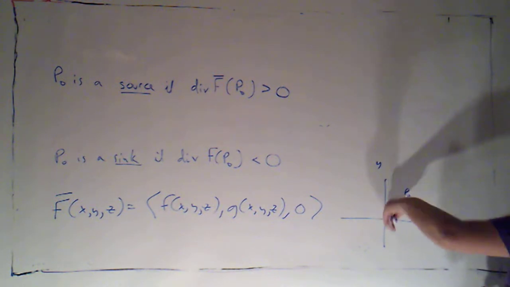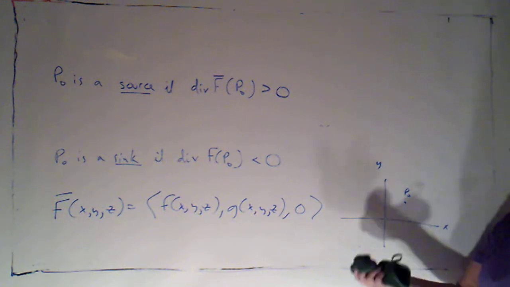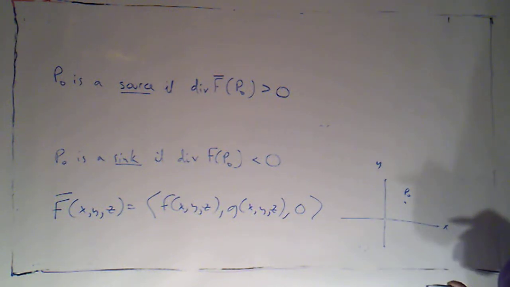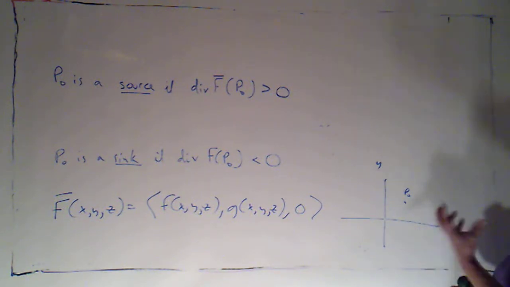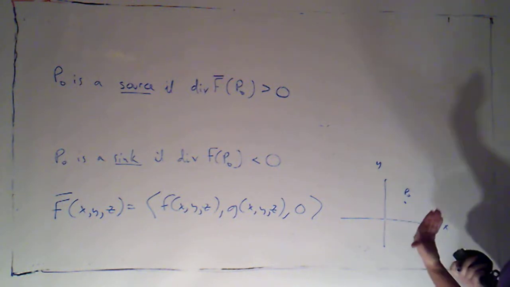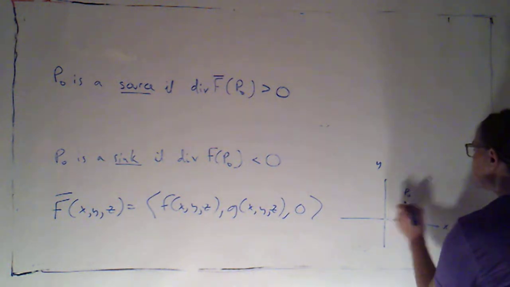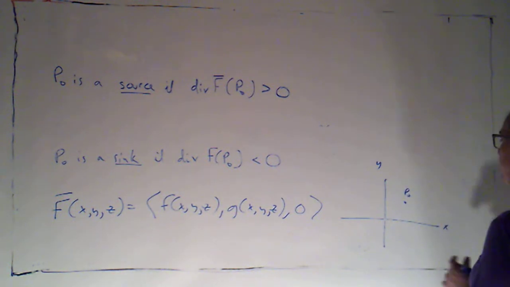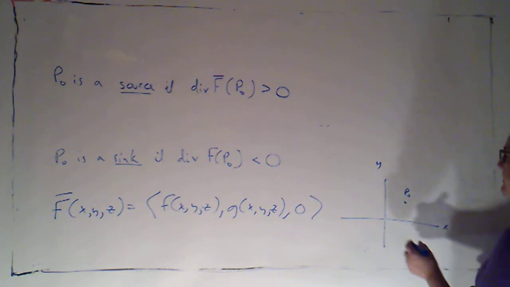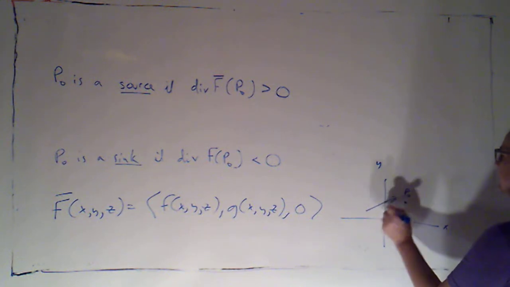I haven't drawn the traditional orientation for the three axes because the z-axis is irrelevant in this case. But basically there would be no component of my vector fields that would be coming out from the board or back in towards the board. So I can draw this two-dimensional cross-section of a point like so. And let's suppose that my vector field looks something like so.